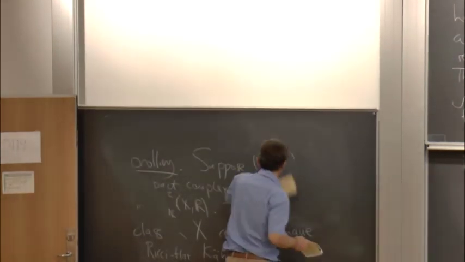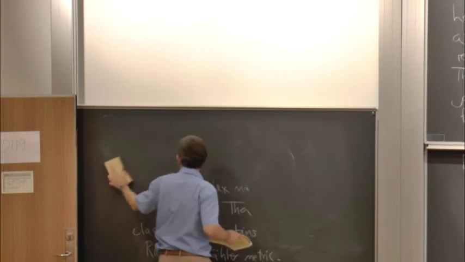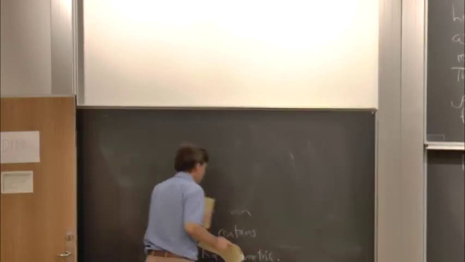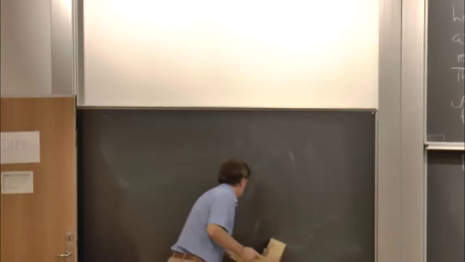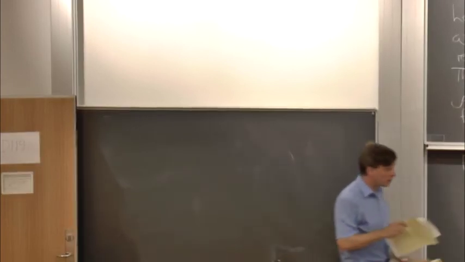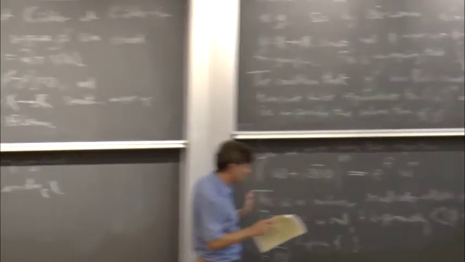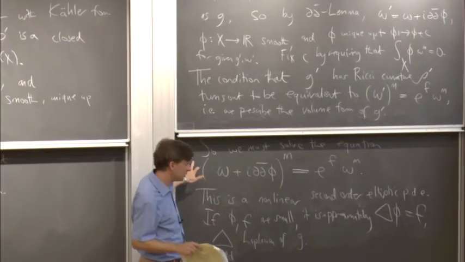So Aubin and Calabi now solve this using something called the continuity method. You basically produce a one-parameter family of equations like this, depending upon t from 0 up to 1. When t equals 0, you know what the solution is.